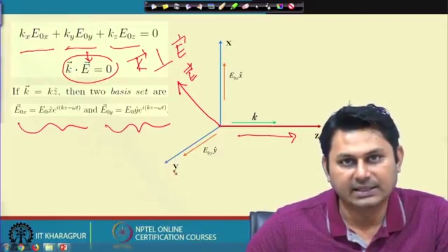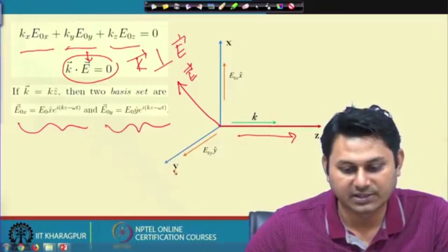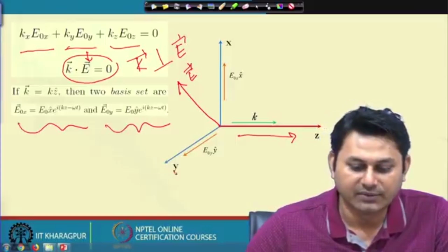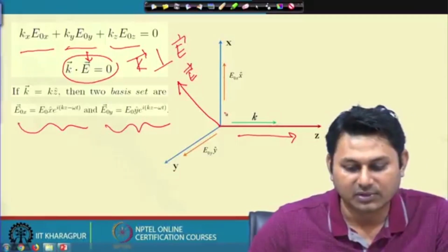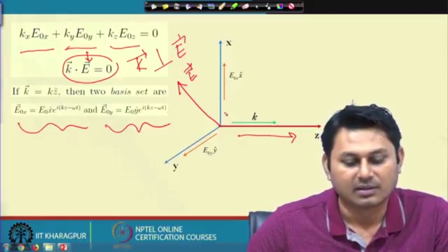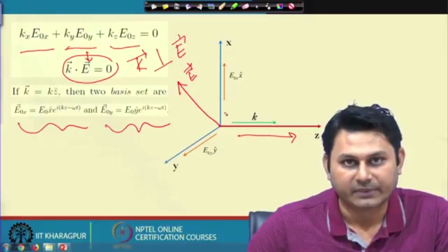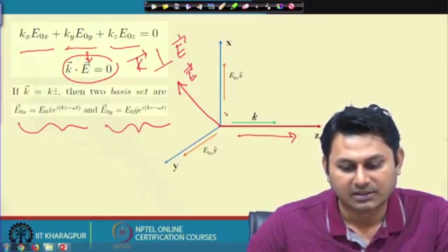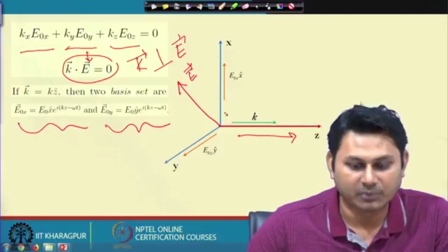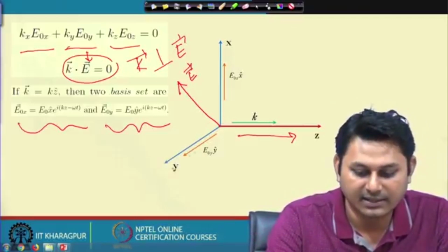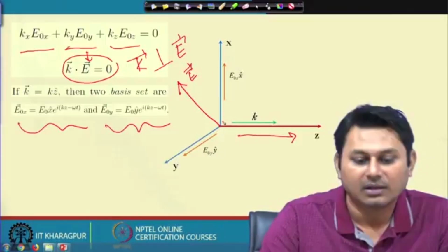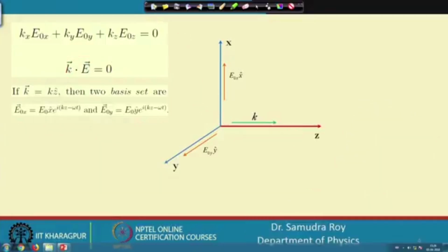But if I divide this vector into two preferred directions x and y, these two we can call the basis set of the electric field. These basis sets are nothing but the polarizations. So, E has a polarization in this direction, but I can divide this into two basis sets, and these basis sets are the polarizations along x and y direction, these two perpendicular directions. Okay. So, the important information here is k and E are perpendicular to each other.